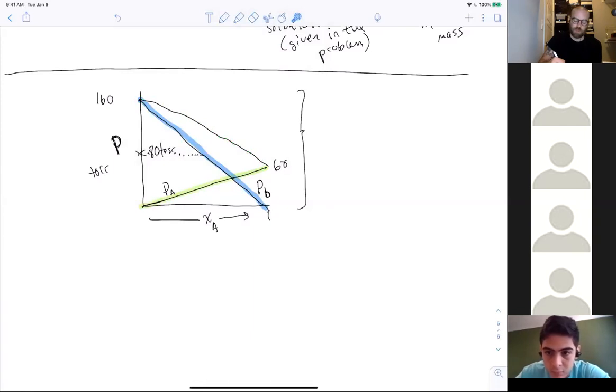So the two lines that intersect are generally A and B. I think it's pretty standardized.